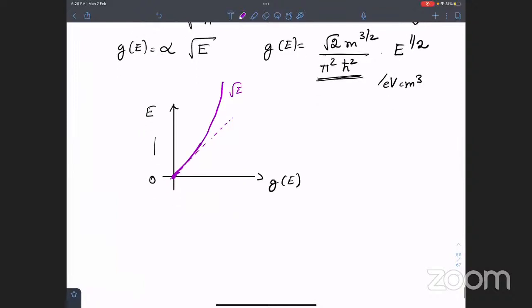Now, you have already seen a part of this. I'll show you where. Imagine this is your conduction band edge. This will tell you the density of states function for the conduction band in the semiconductor. So this is your G of E function. Now, the Fermi-Dirac function, let's say this is your Fermi level, is going to do something like that. That's the occupation probability. When I multiply these two, I get a function that looks something like that.